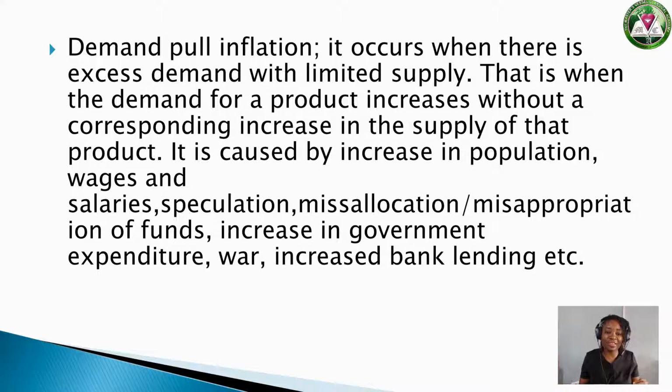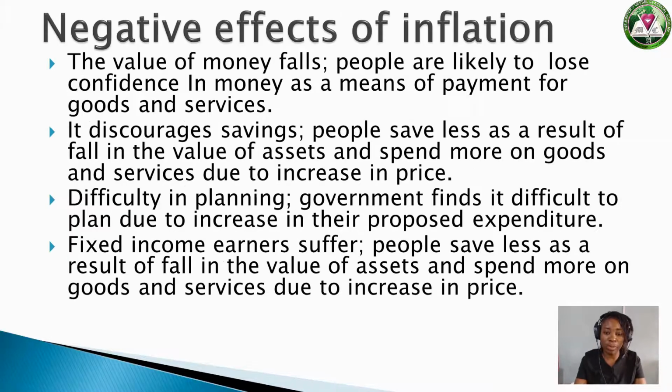So there will be destruction in the agricultural sector, which will lead to excess demand with limited supply. We have increase in bank lending. If the government decides to lend more money to the public, it will lead to demand pull inflation, whereby we have excess demand with limited supply.